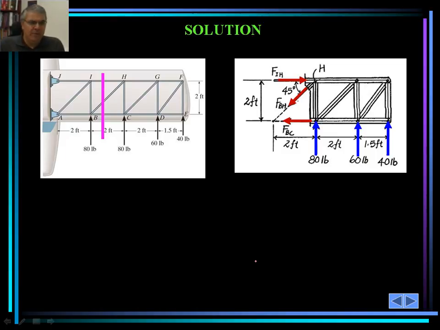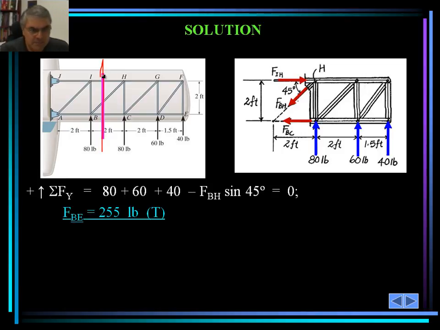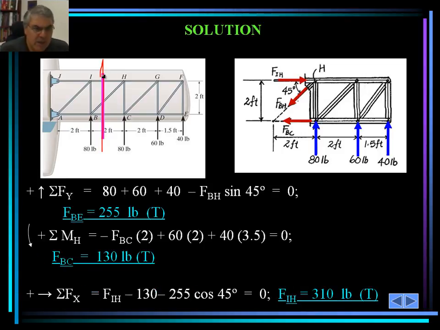You can also try other methods to see if you can get the same result. So the right hand side of the cut that is made here, shown by a pink purplish cut, is shown here. I actually went over that. We look at the right hand side, we can simply take the summation of moments about point H, set that to 0, and we can analyze the truss.